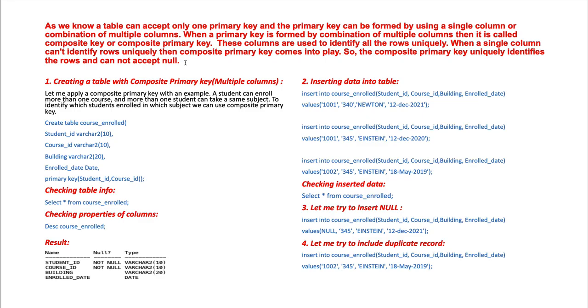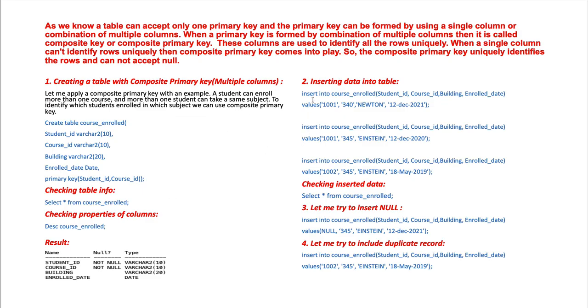To explain this question, I am going to explain the following 4 steps. In the first step, creating a table with composite primary key. That means primary key that takes multiple columns.